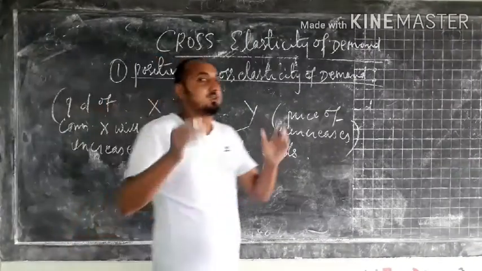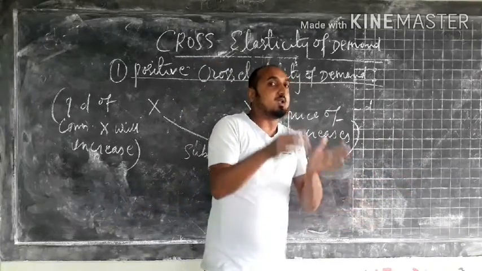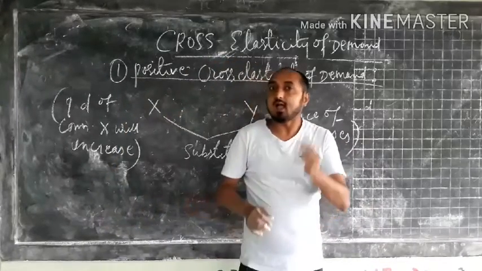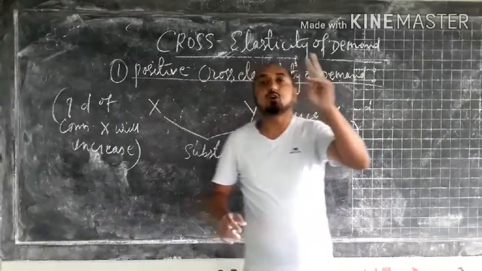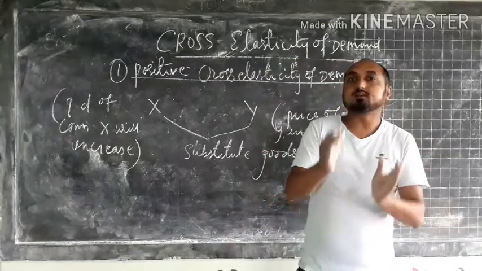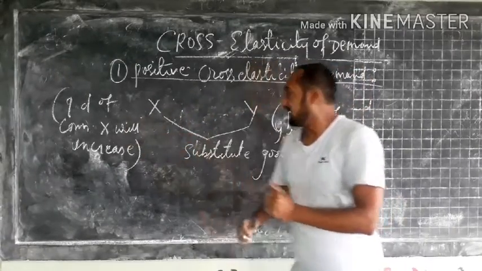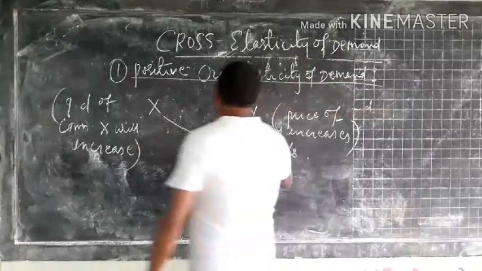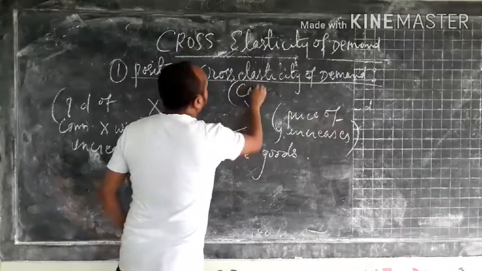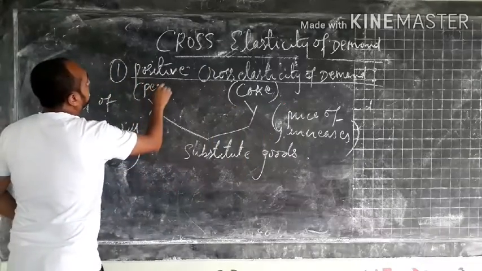That is, if the price of commodity Y is increasing, that causes an increase in quantity demanded for commodity X, and this happens in the case of substitute goods. If the price of one substitute good increases, obviously the quantity demanded for the other substitute goods will increase. Let's consider Y as, suppose, Coke, and commodity X as Pepsi.